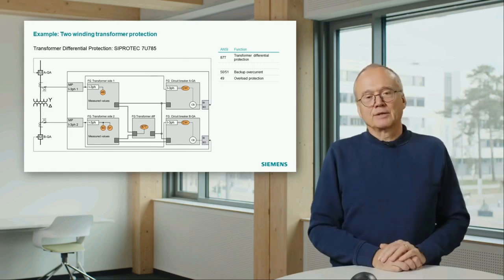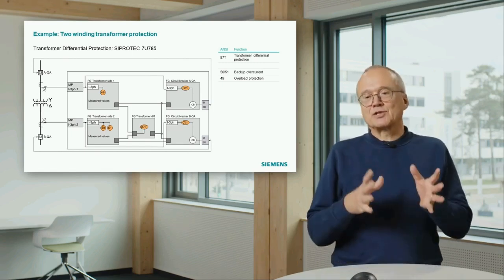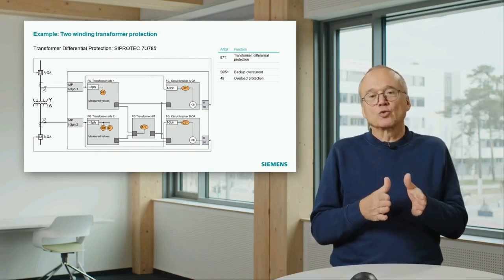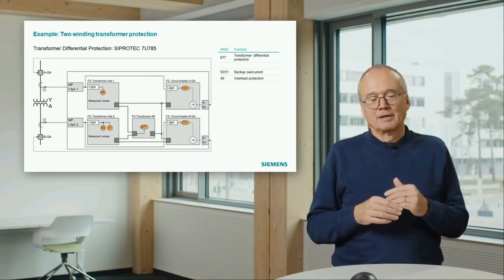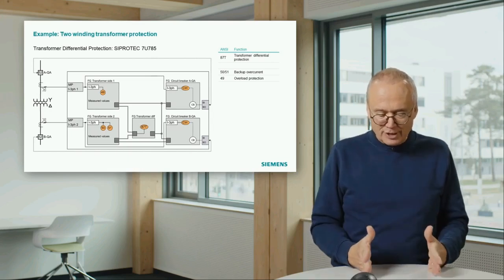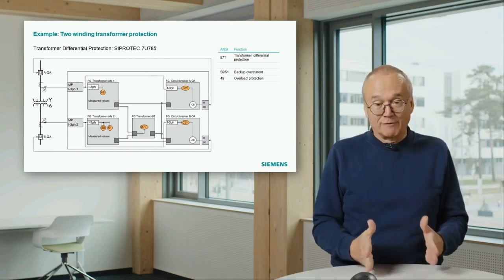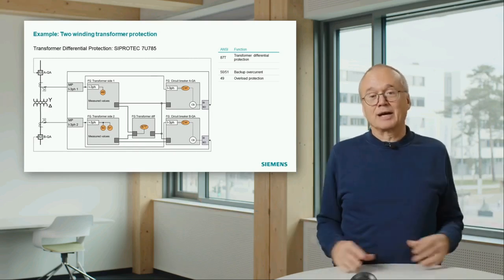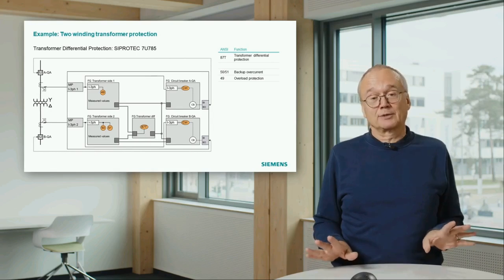Here in the differential protection, the differential protection itself is not able to do a remote backup. Differential protection only looks at its own device, in this case the transformer, and whatever happens outside, it will not react on that.